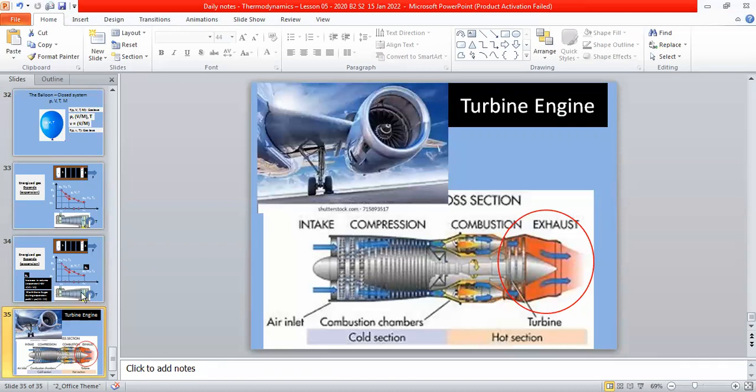Other than that, today, what we have discussed, lesson 6, start from here. See, the piston cylinder came alive here. You see the importance of PVT connectivity.